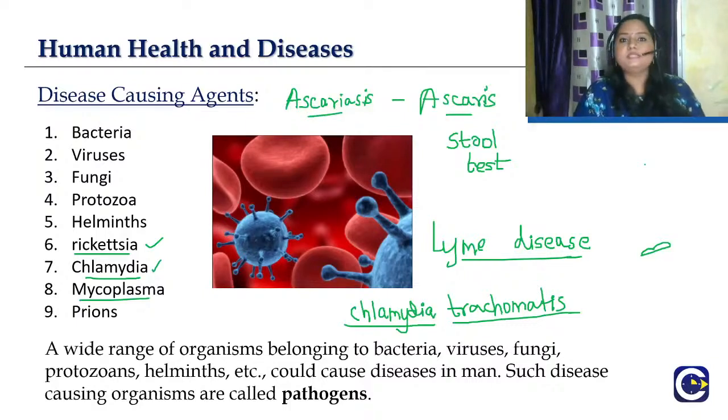But Mycoplasma, since they naturally don't have any cell wall, are very, very difficult to be killed by an antibiotic. Okay, so the mycoplasma infection can be saprophytic or parasitic.